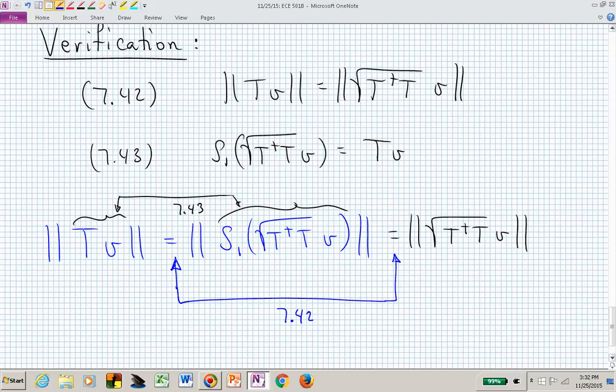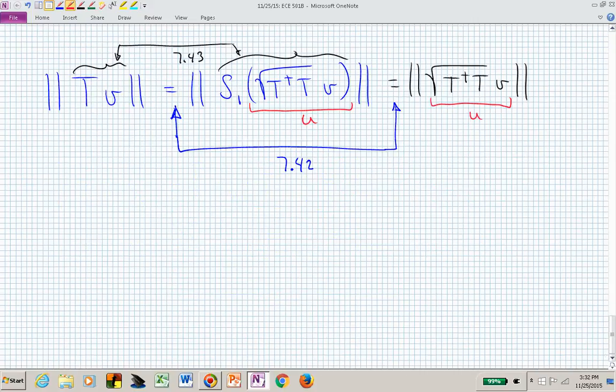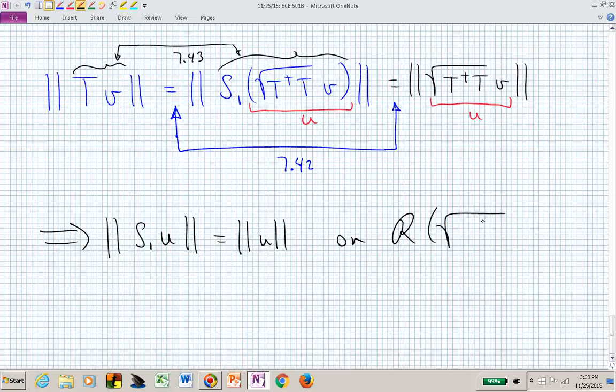using 742. But now if we look at what's actually happening, S1 we could say is being applied to some vector which is in the range space of the square root of T dagger T, and that's the same as this vector U. Then if we look at the final two terms in that equality expression, we see that it is saying that the norm of S1U is in fact equal to the norm of U, and that's on the range space of the square root of T dagger T, since that's where U was falling.